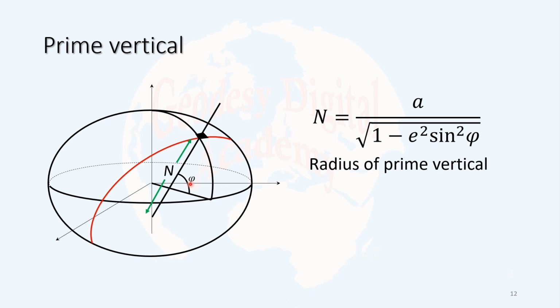The radius of this sphere is called the radius of prime vertical, and you can compute it simply by this formula: a is the semi-major axis of the ellipsoid, e² is the first eccentricity, and phi is the geodetic latitude.